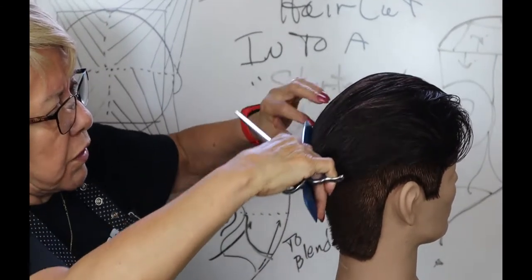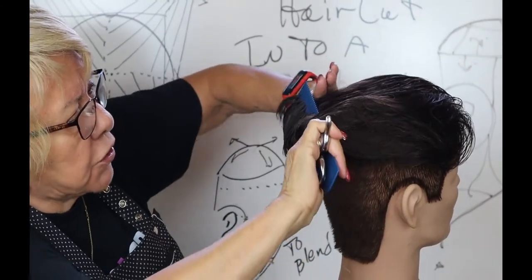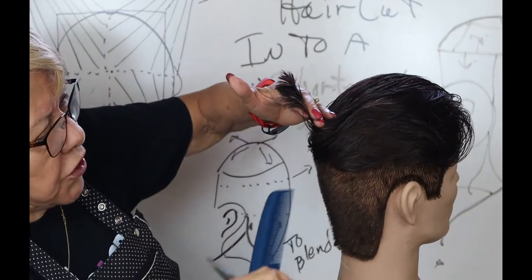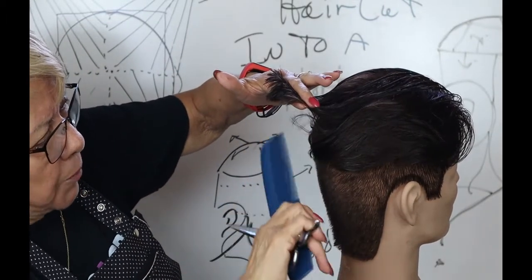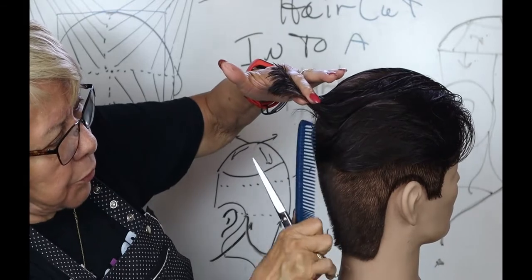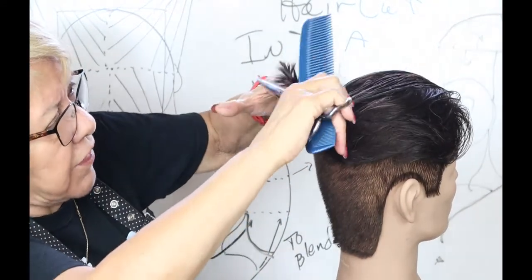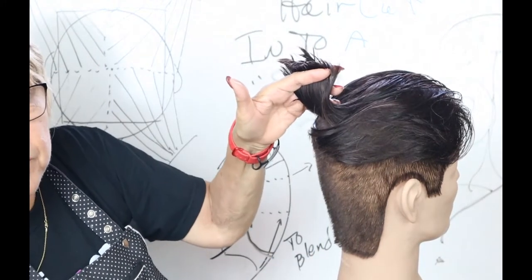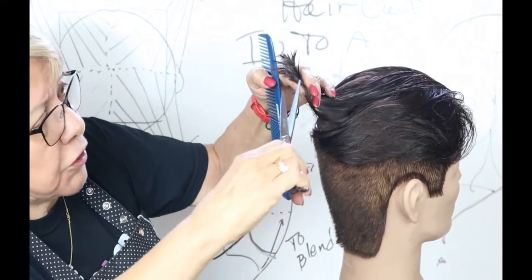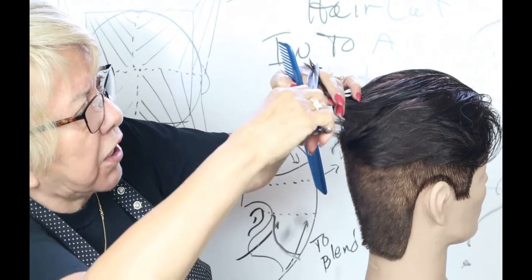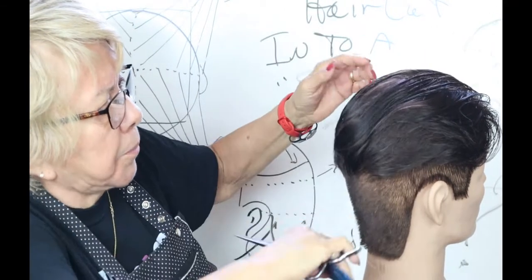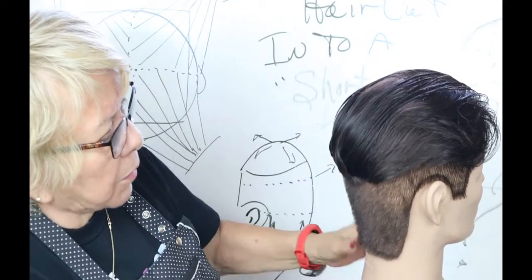So what we're going to do is elevate it up to the upper ridge. There's your upper ridge. See, there's the parietal line, and the upper ridge is just above that. That is a corner. I'm going to take off the corner. I am going to cut it horizontally, but because I'm elevating it up, it's going to lay a little better.